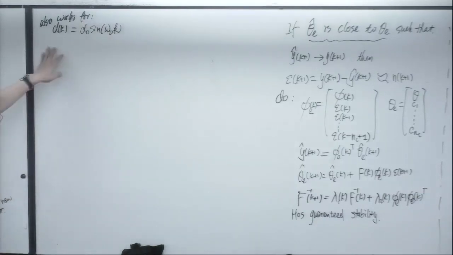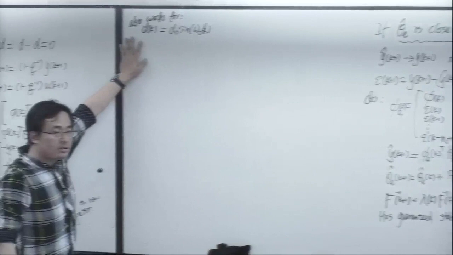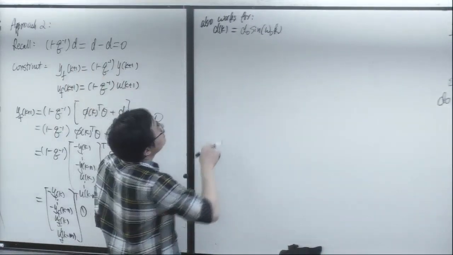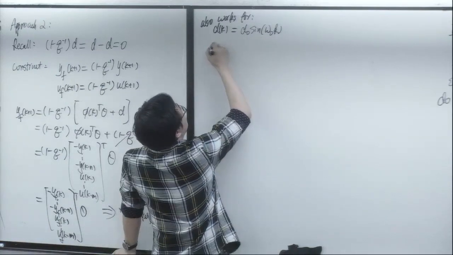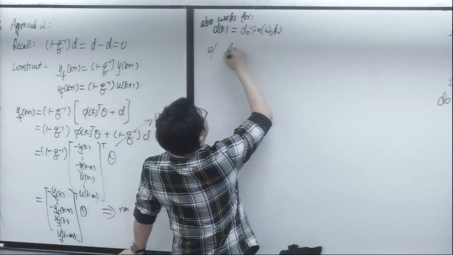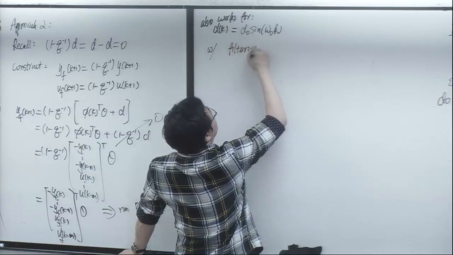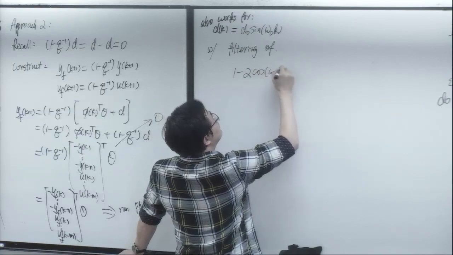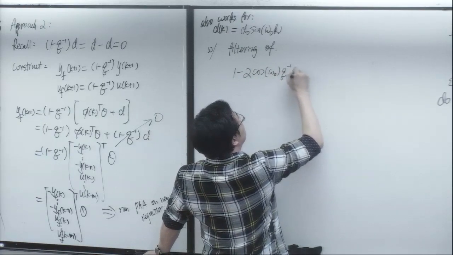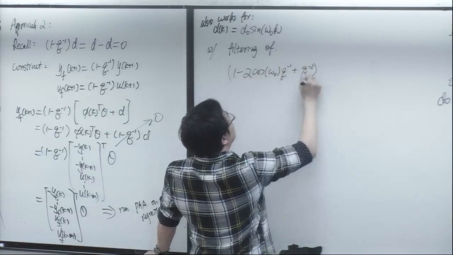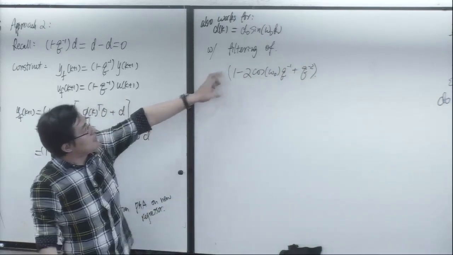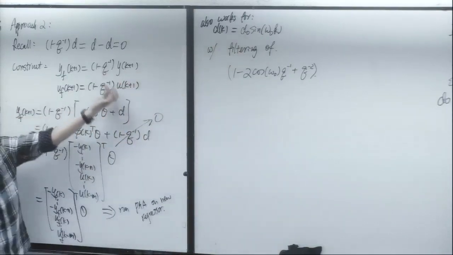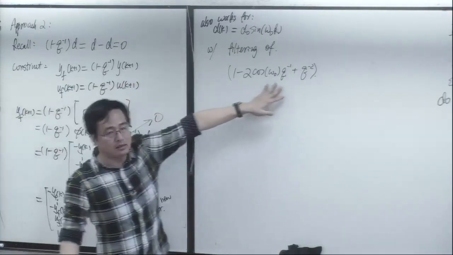If you have something like this, it can also be easily filtered out by something like this. I'll give you some hint with filtering. You can remove the influence of these kinds of disturbances by pre-filtering the signals with this structure.